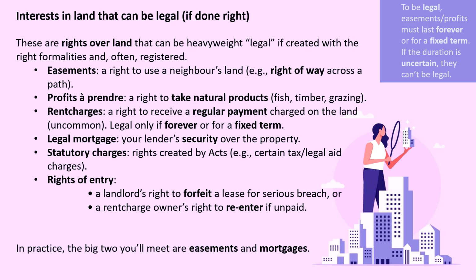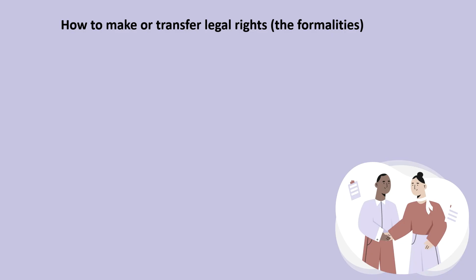In practice, the most common ones you see are the easements and mortgages, but it's good to know the other ones as well, just to be prepared for any kind of exam questions.